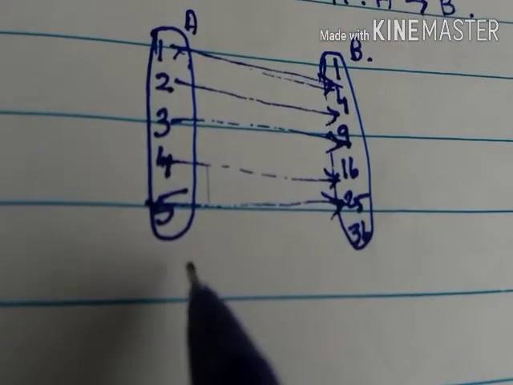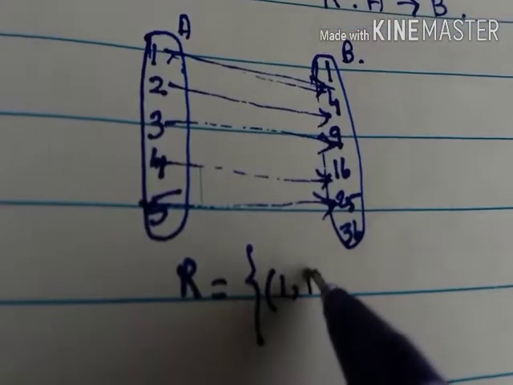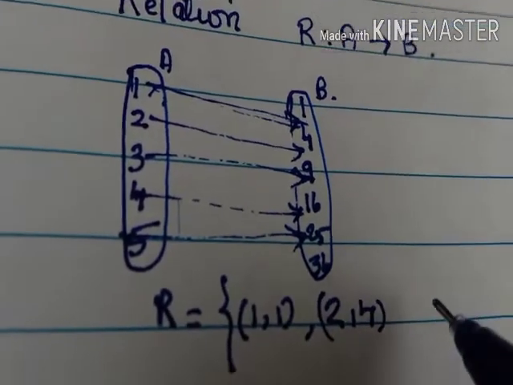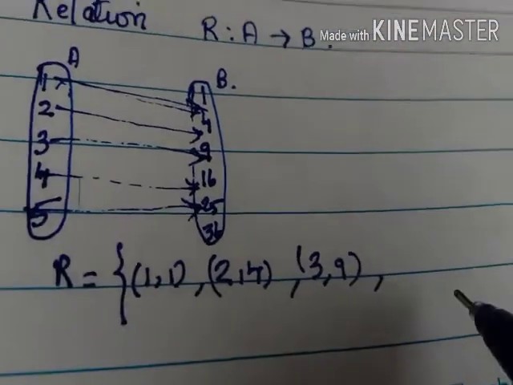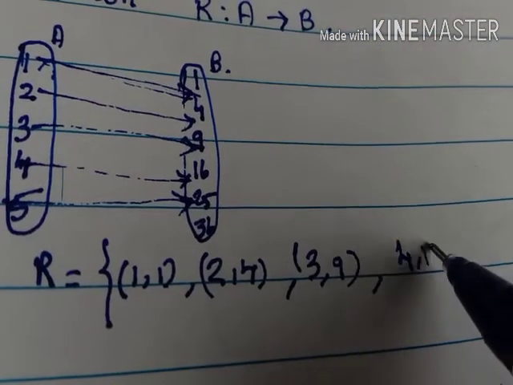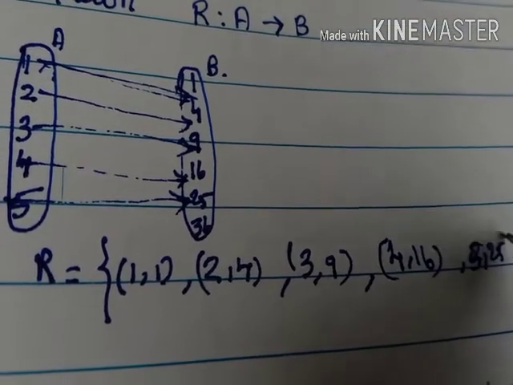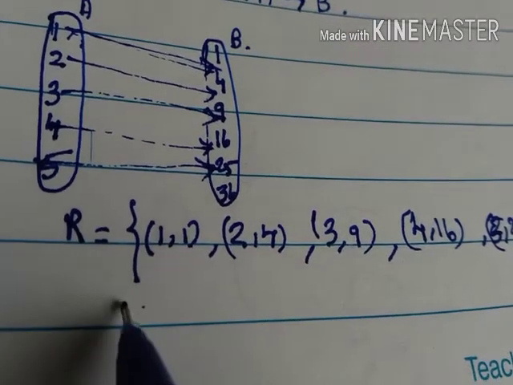We can write this relation in roster form, that is ordered pairs (1, 1), (2, 4), (3, 9), (4, 16), (5, 25). So clearly we can say what the relation is.